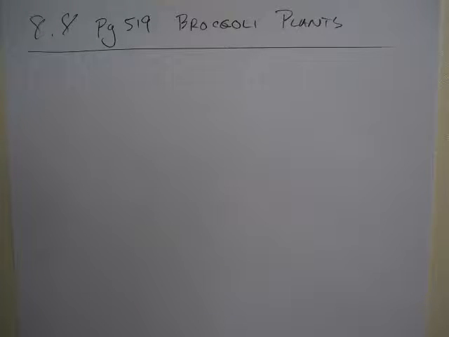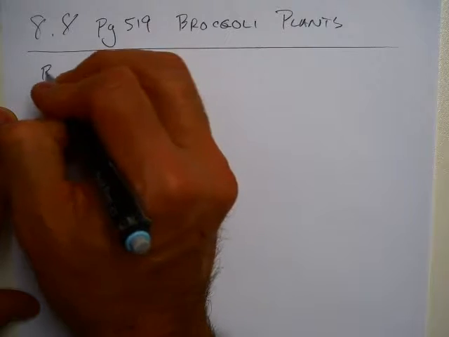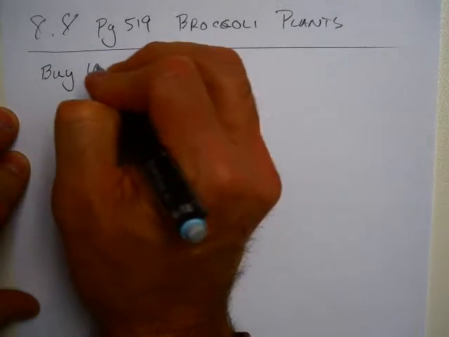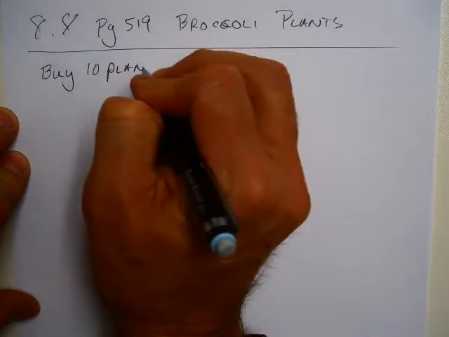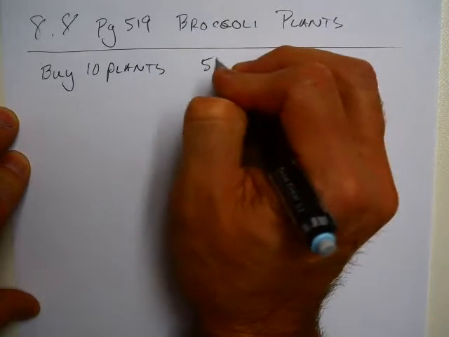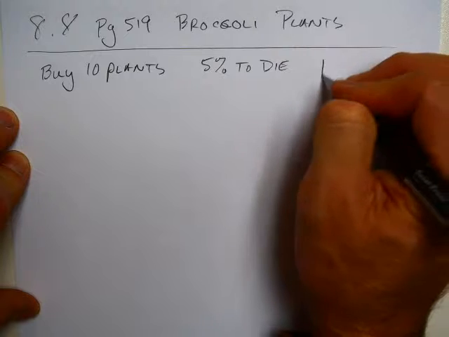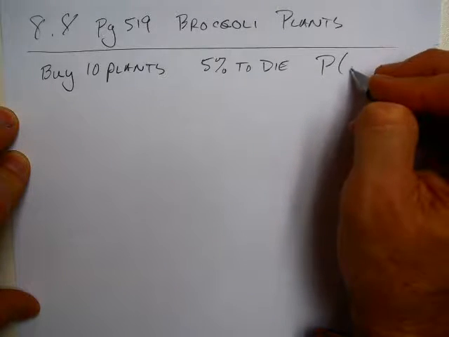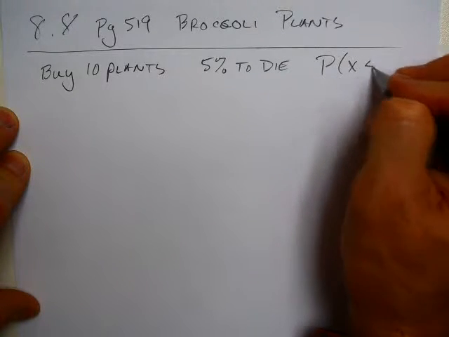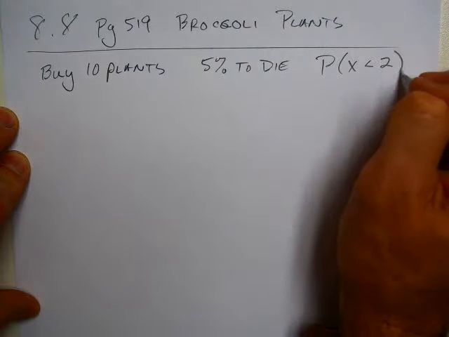Use the binomial formula to find the probability you will lose at most one of the broccoli plants. So we buy 10 plants. We expect 5% to die. And what's the probability that x is less than 2?